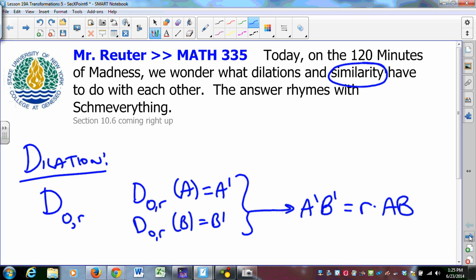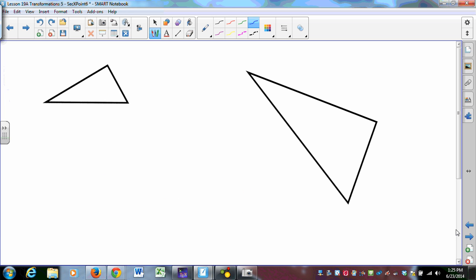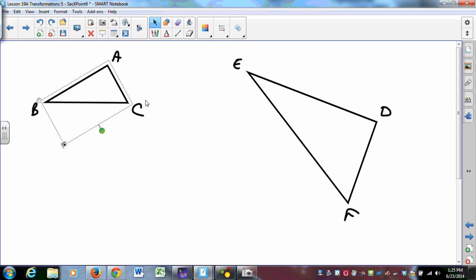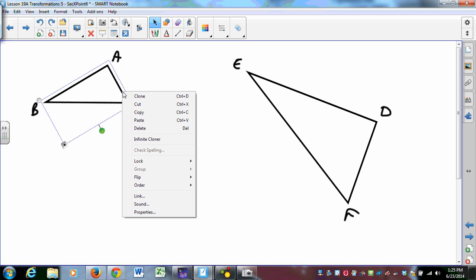So if we're talking Common Core transformations, what happens in this case? We've got triangle ABC, triangle DEF. How do I know if one is similar to the other? Well, through a sequence of transformations, let's clone this thing.